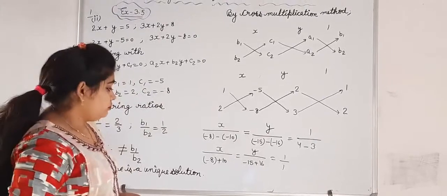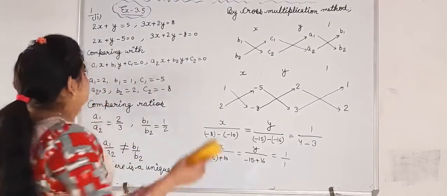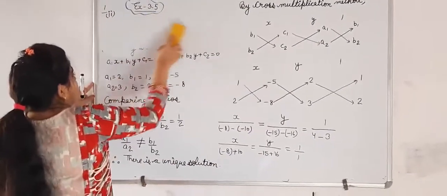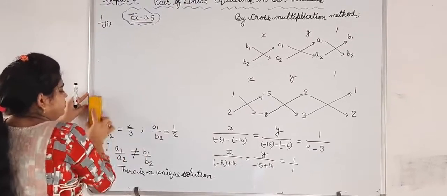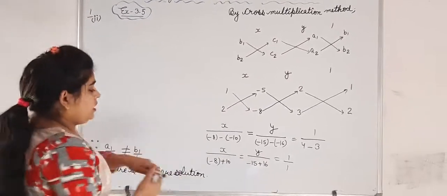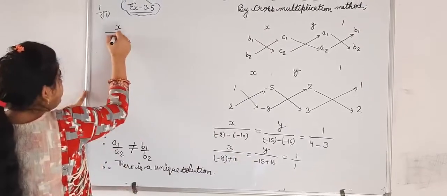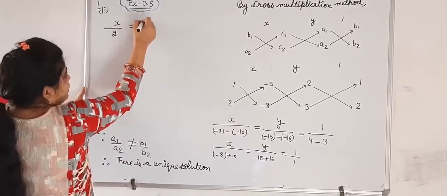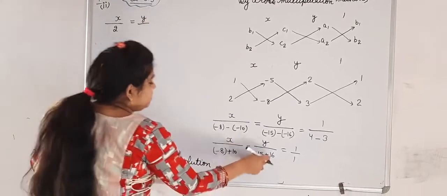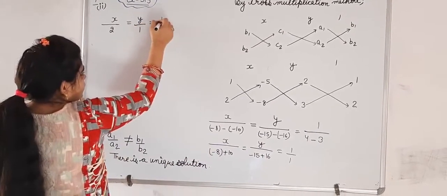Now taking x upon minus 8 plus 10, 2 will come. Y upon minus 15 plus 16, 1 is equal to 1 by 1.